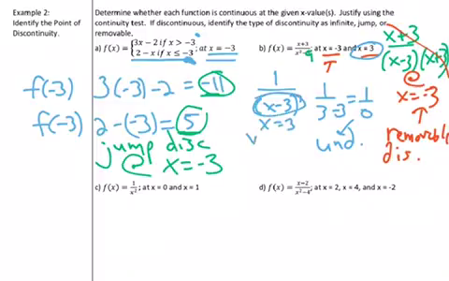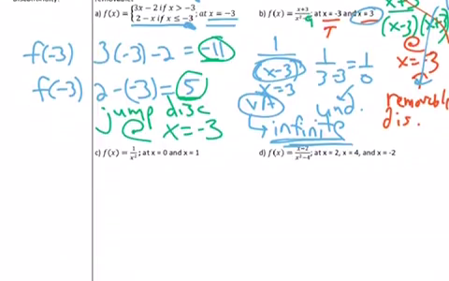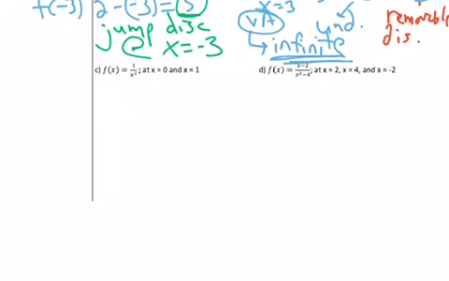So that indicates that at x equals 3, we have infinite discontinuity. Remember on the first page we said if it's due to a vertical asymptote, it's infinite discontinuity. If it's due to a hole, then it's removable discontinuity.